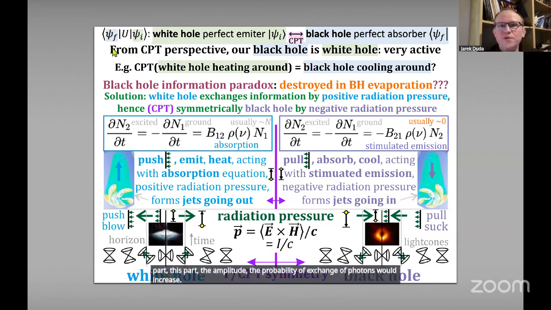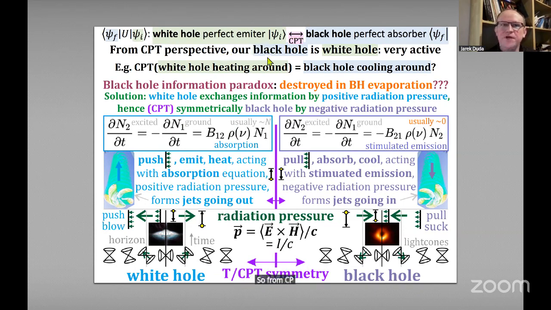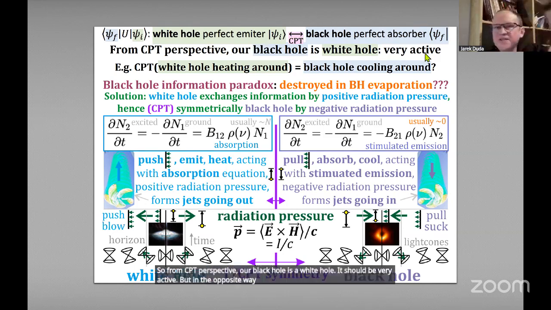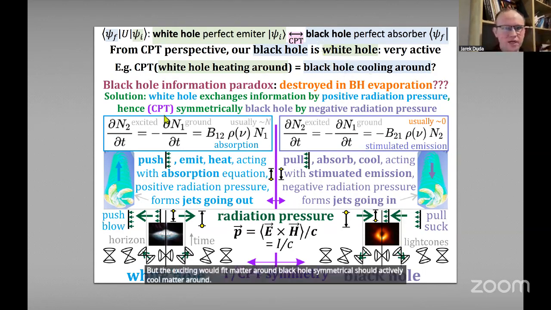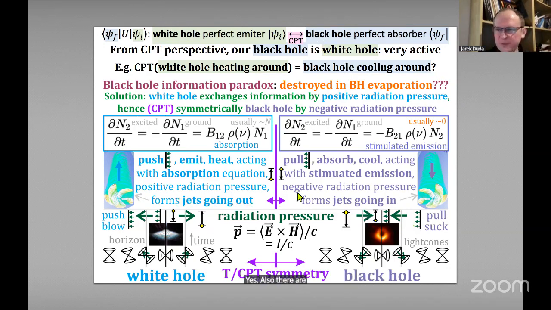So from the CPT perspective, our black hole is a white hole. It should be very active, but in the opposite way: not exciting targets and objects around, but de-exciting. While a white hole would heat matter around, a black hole symmetrically should actively cool matter around. Let's think about this symmetry.